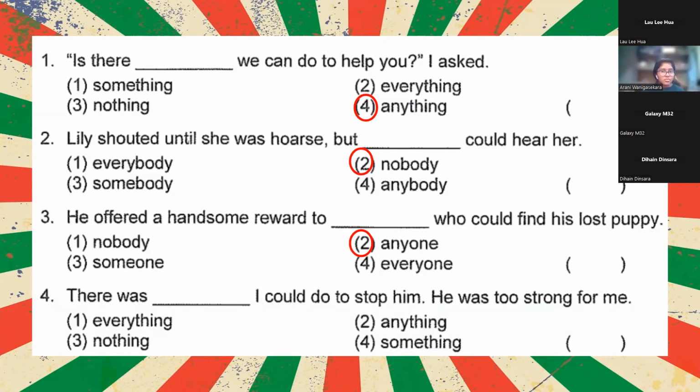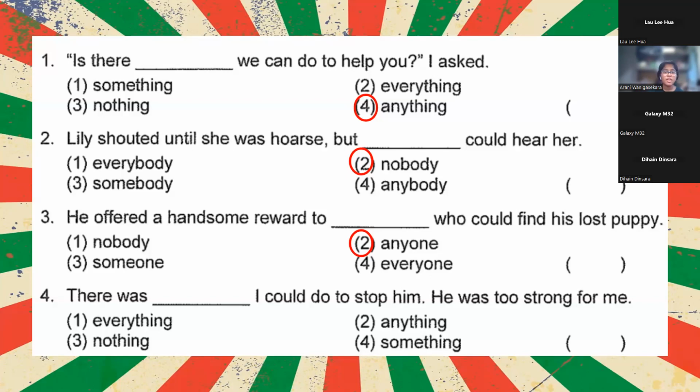Because some one person, if he couldn't find his lost puppy, then others don't know about it and have to say to all, and then if anyone.